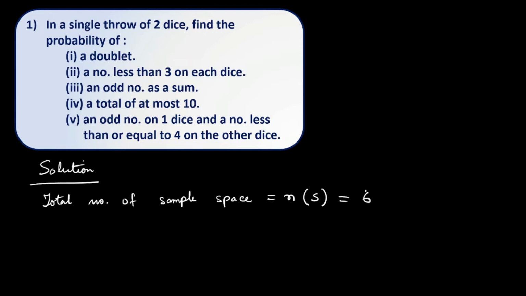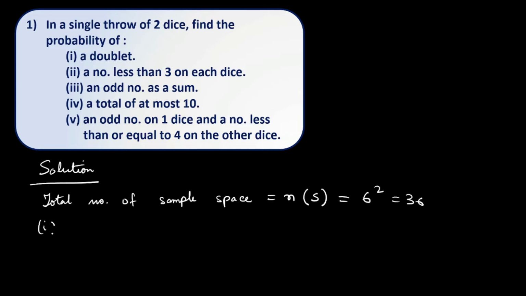And since here 2 dice are thrown, so it will get squared. So 6 square is 36. Similarly, if you throw 3 dice, the total number of sample space will be 6 cube. Okay. So we have got the number of sample space.